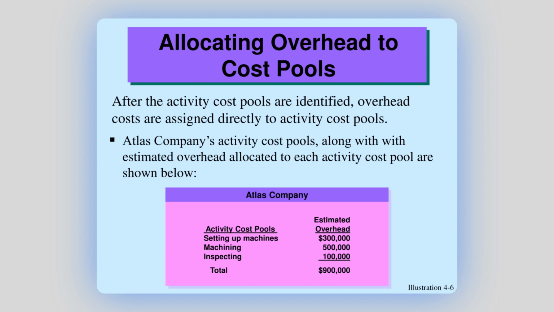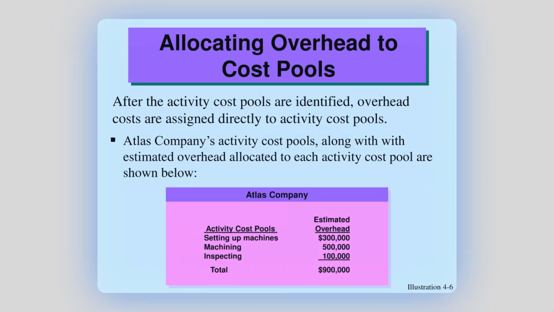Out of 900,000, setting up the machine is worth 300,000. Out of 900,000, machining is 500,000. Out of 900,000, inspection is worth 100,000. So that is number one, to be identified or prepared in terms of our activity cost pool, and the cost here is worth 900,000.